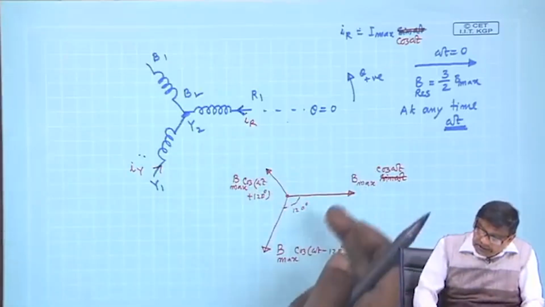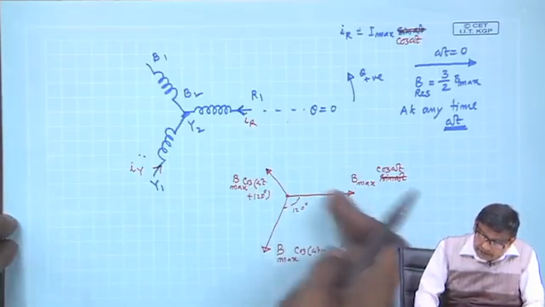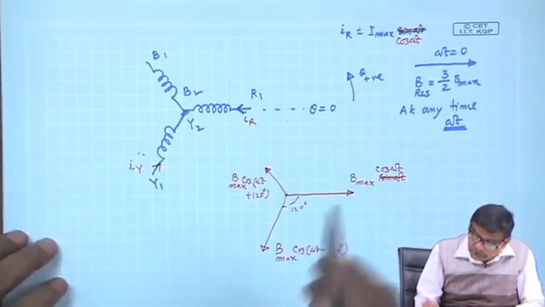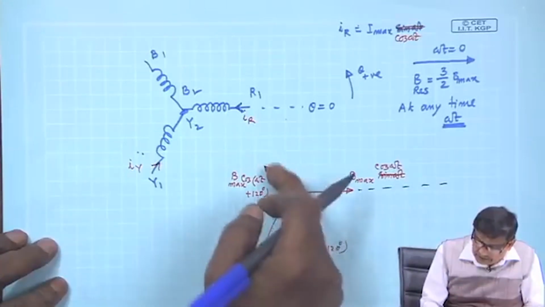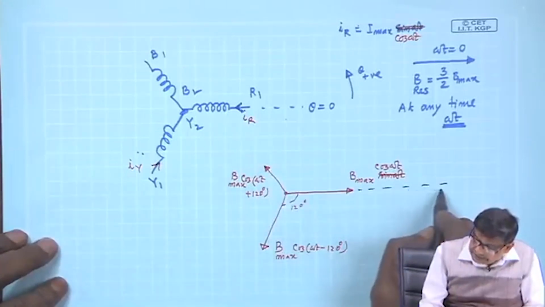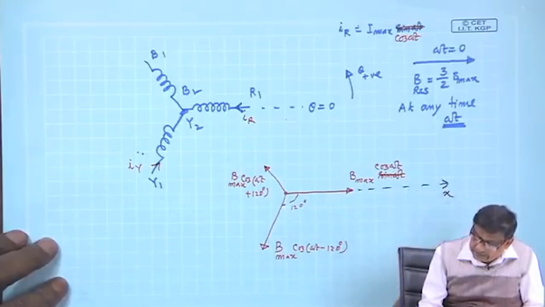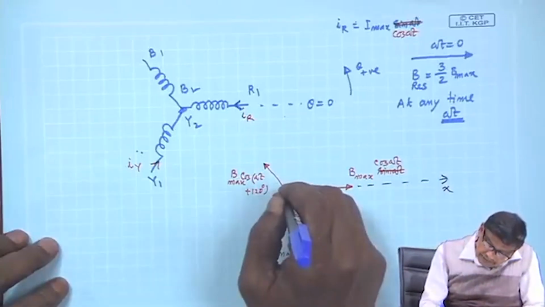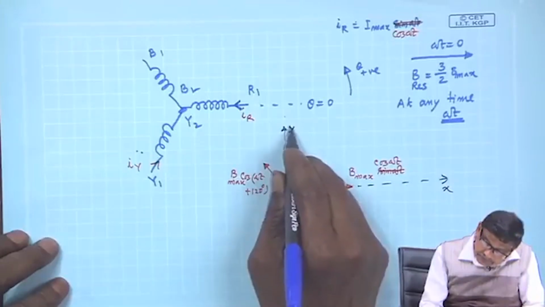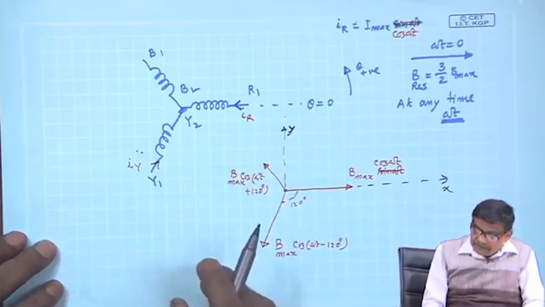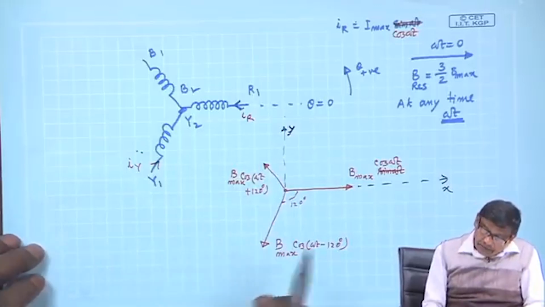Now, to find out the resultant of these 3 space vectors, let us see how to find this resultant of these 3. Let us assign this as my x axis, and this as my y axis. Then what will I do?